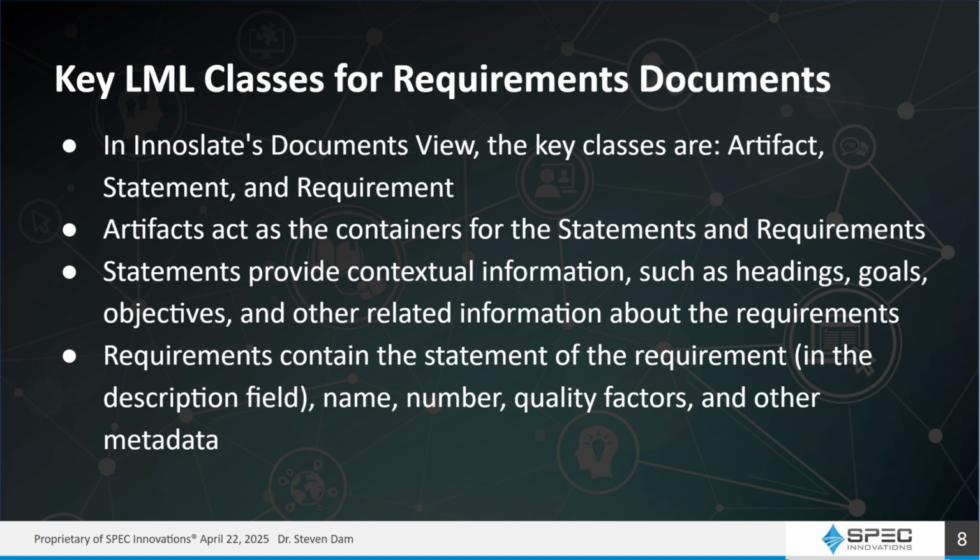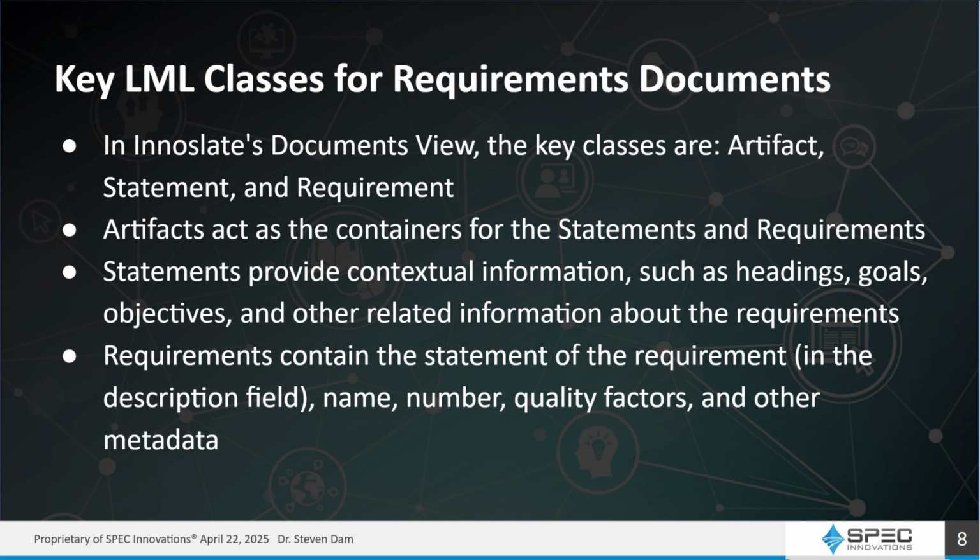The statements themselves provide contextual information, things like your headings, your goals and objectives, other things that give you the context of what the requirements are about. And then the requirements themselves are the specific statements of the requirement, and we put those in the description field of the requirement class information.